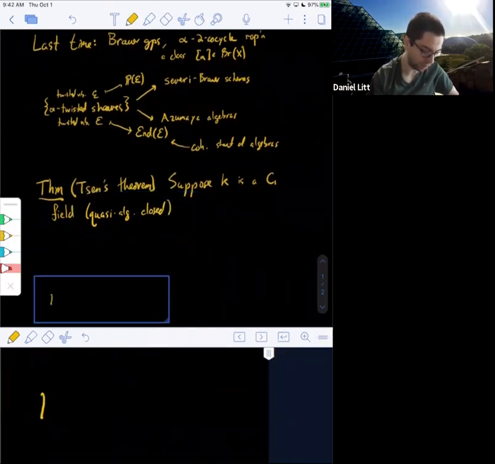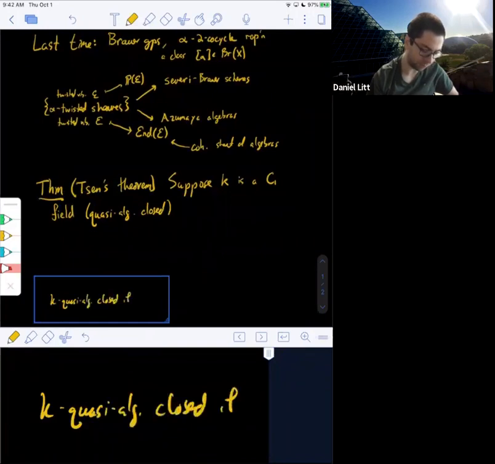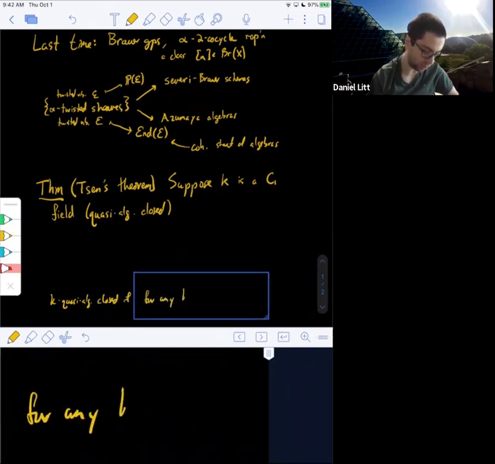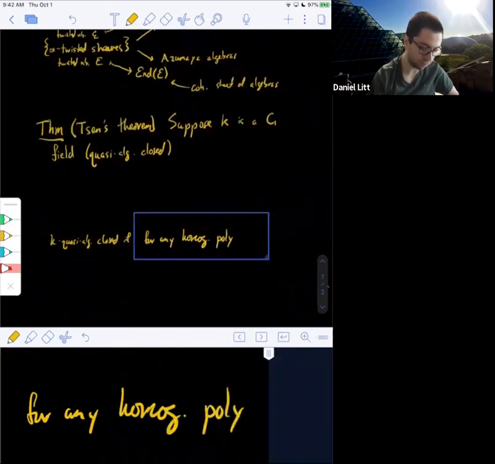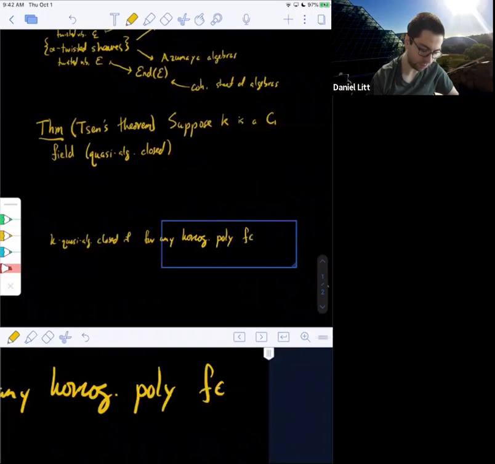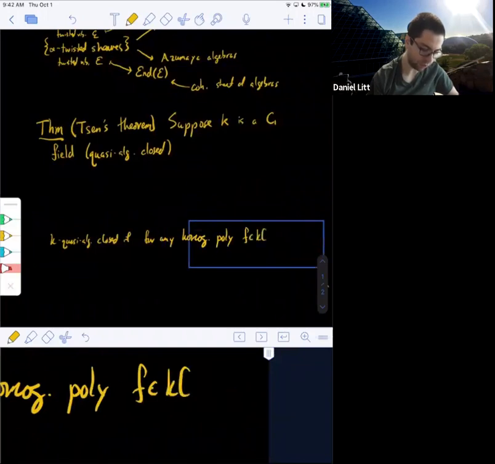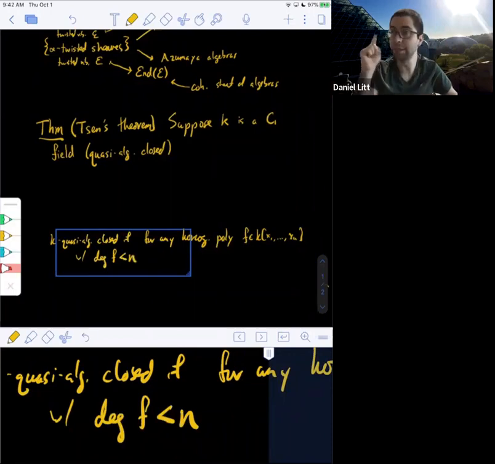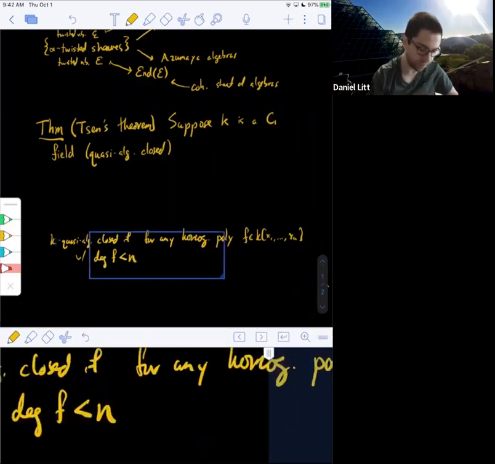So we say K is quasi-algebraically closed if for any homogeneous polynomial f in K[x1, ..., xn] with degree of f less than n, so the degree is less than the number of variables.